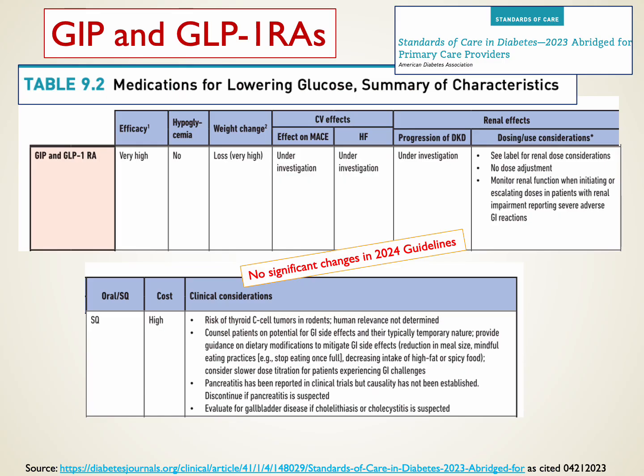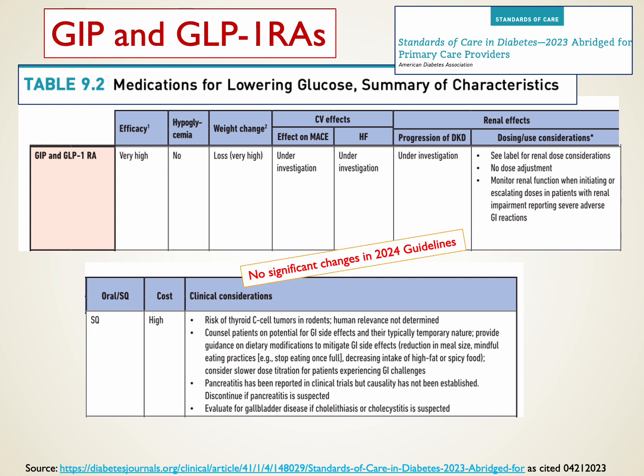So the summary of this combination product, which is really pretty new, it's only been on the market for about a year or so, is included in the 2023 ADA guidelines, and the efficacy is higher even than the GLP-1s alone, does not cause hypoglycemia, and probably is the best of the agents for documented weight loss for patients.